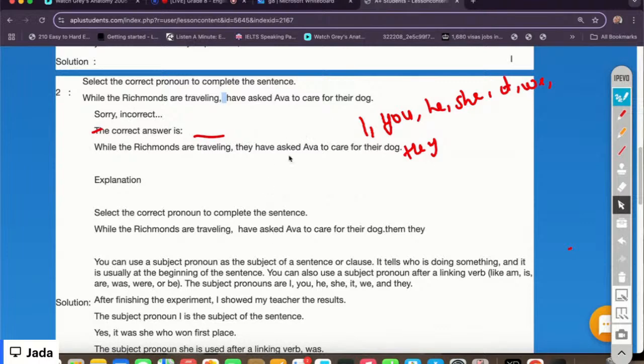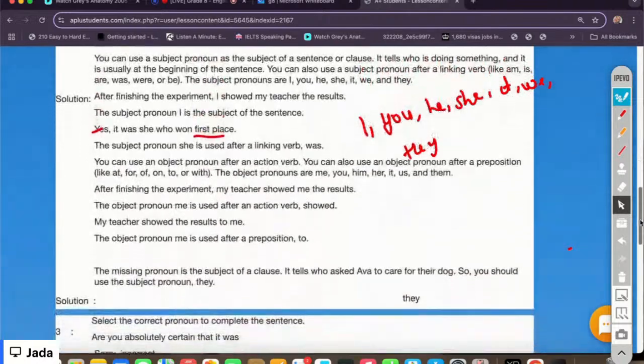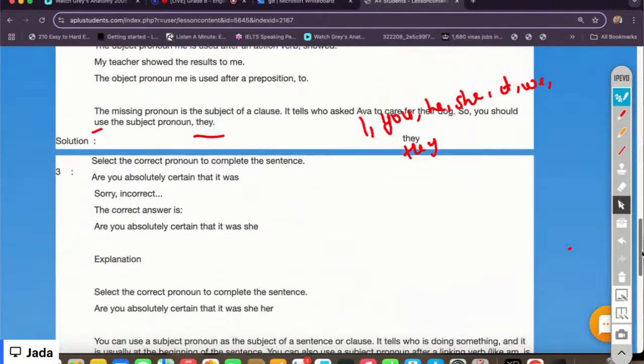So what would be the right subject pronoun here? While the Richmonds are traveling, they've asked Ava to care for their dog. So they, that's the subject pronoun.